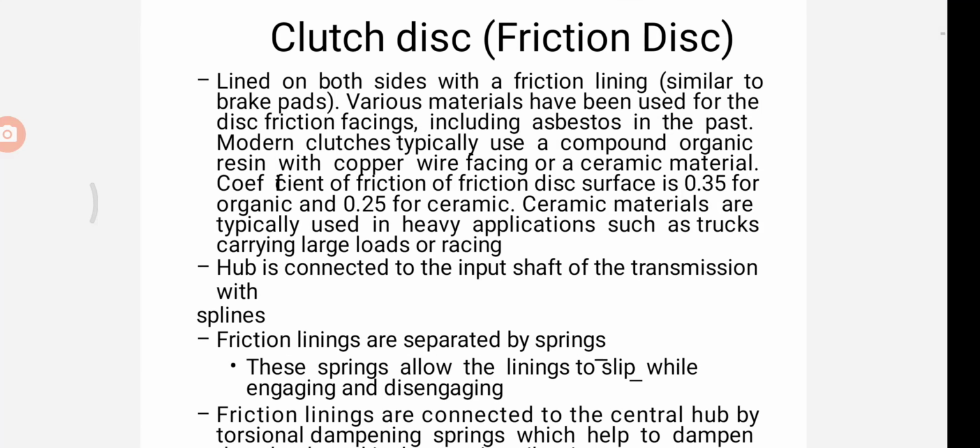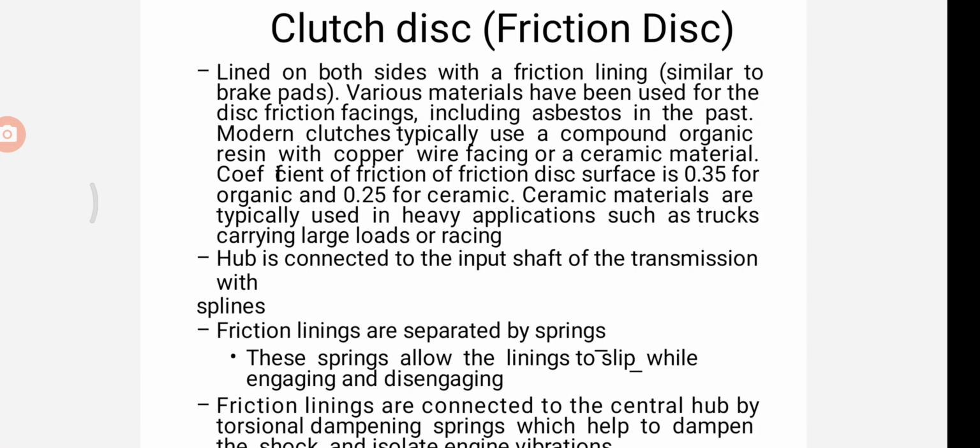So this is the friction disc. Here we can see the friction lining. There are friction linings that are separated by springs, and these are made of ceramic materials. These springs allow the lining to slip while engaging and disengaging.